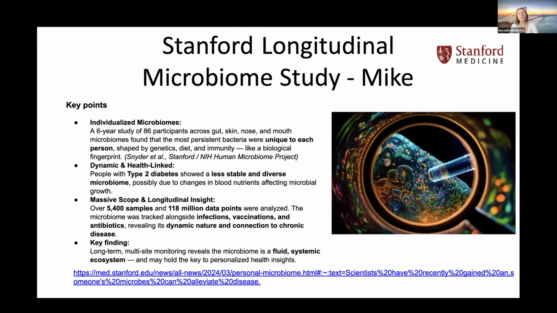So let's focus now on the study at hand, the data that we have, and Amy will walk you through the notebook next. But first, on a very high level, this is a very interesting study because it consists of data that goes over 6 years from 86 participants, across the gut, skin, nose, and mouth samples.